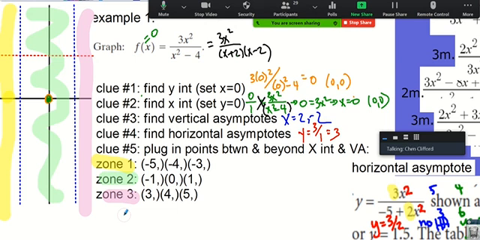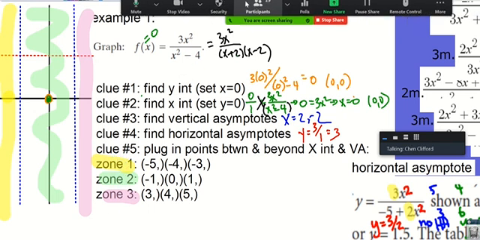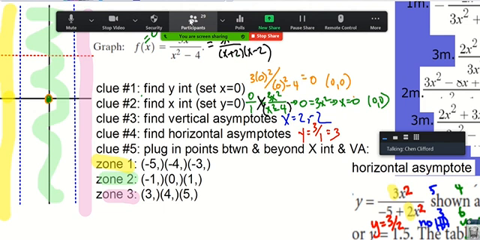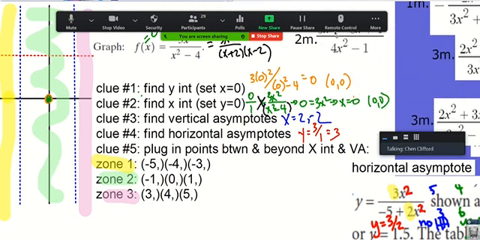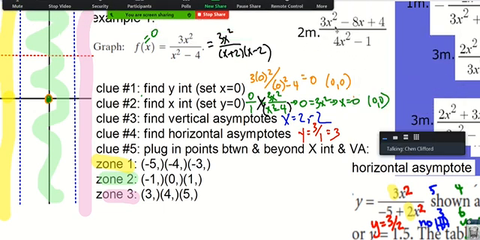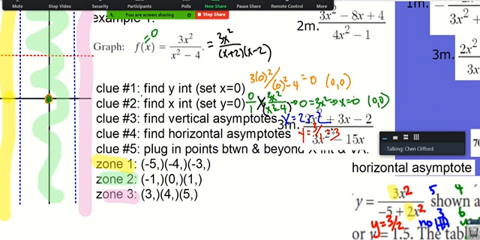I'm going to press pause on this lesson. We're going to go to clue 5 on Monday. Right now, all I want you to do is clue 1 to 4. And I want you to do it for this problem. You're going to have to factor first, and this problem right here.